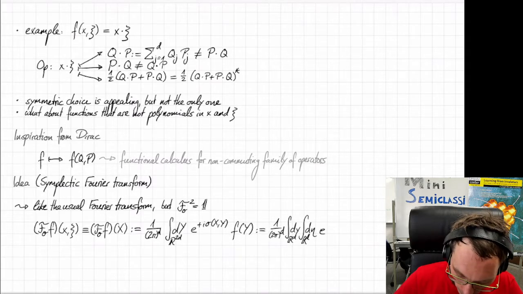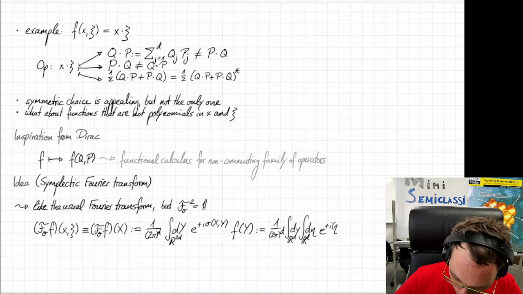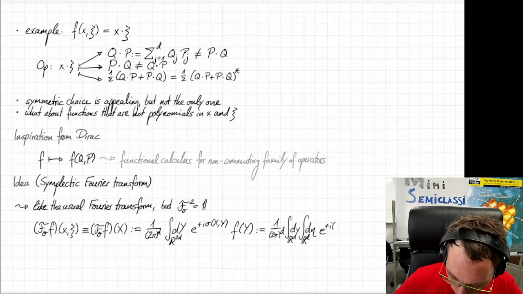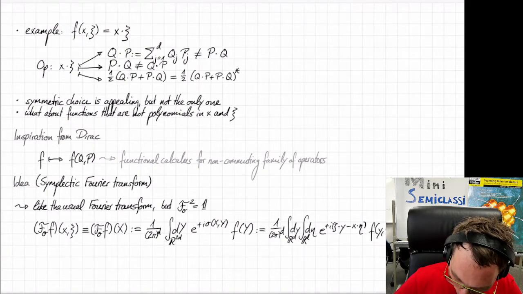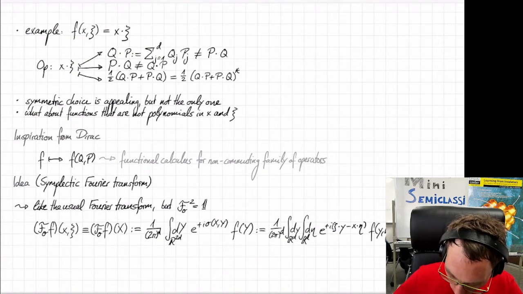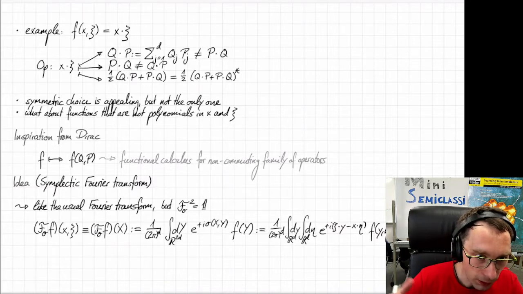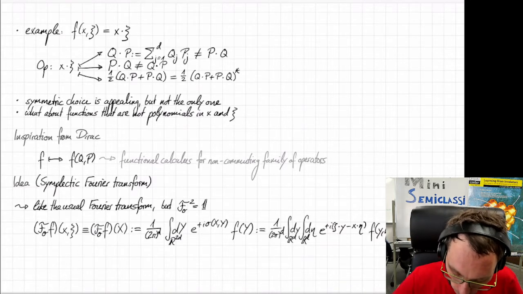So this is e to the plus i psi dot y minus x dot eta times f of y and eta.